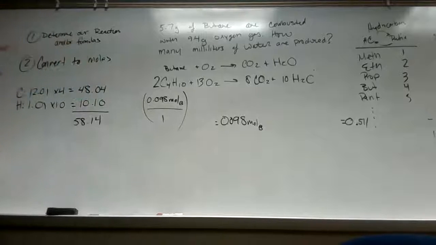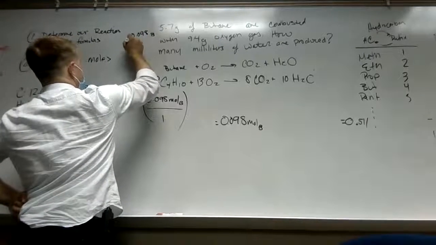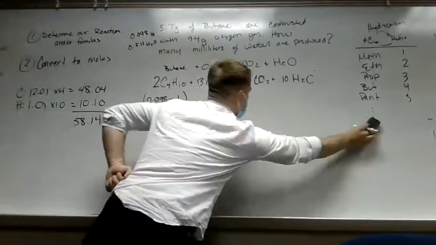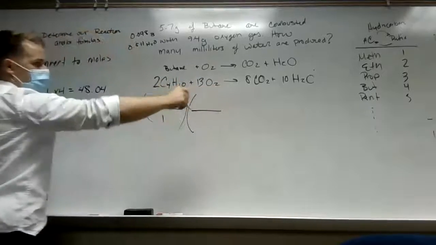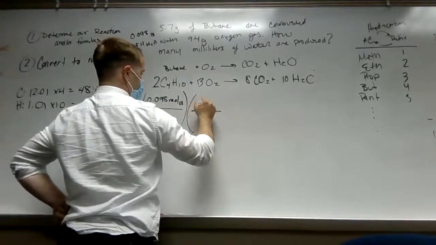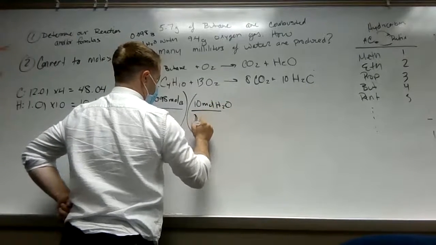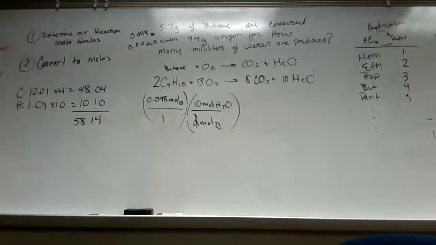And I know that if I react that with excess oxygen, so I'm going to react all of my butane, we produce 10 moles of water, 10 moles of H2O for every 2 moles of butane. Does everybody see that?